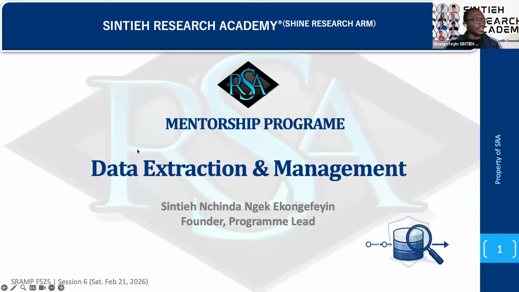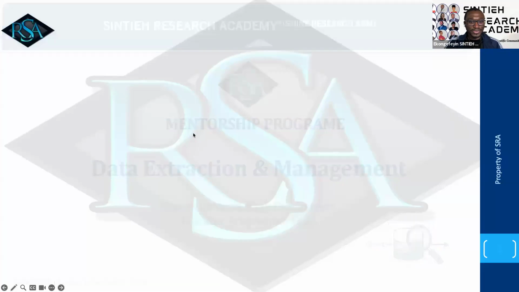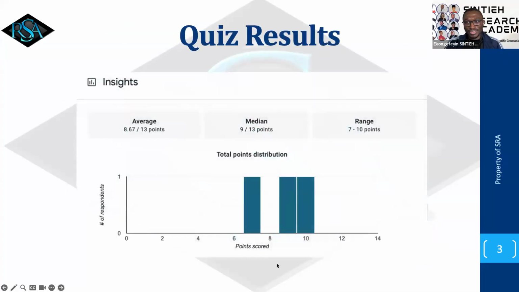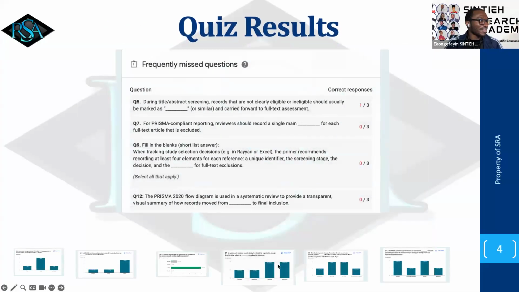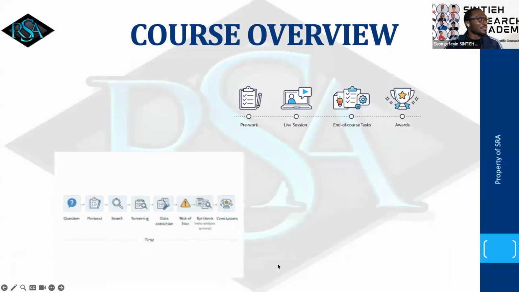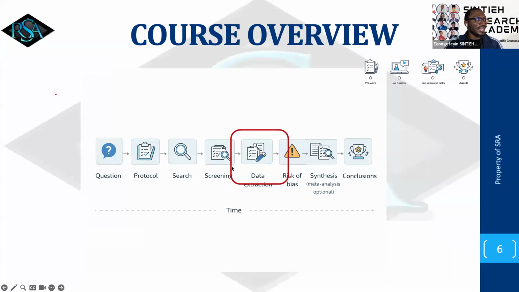For today's lecture, what you need to know is that just one person took the quiz, so I'm not going to bother about that. I know that I'm giving you a lot of work, but the quiz is just to assess your strength. For today, what is most important is that we are talking about extracting data. Last week we looked at screening data.